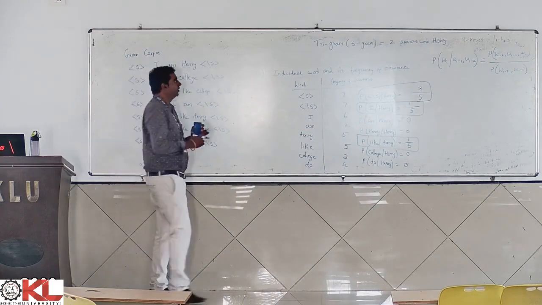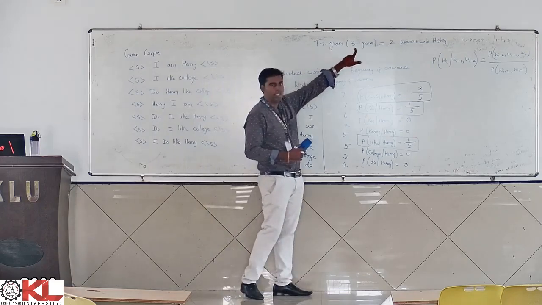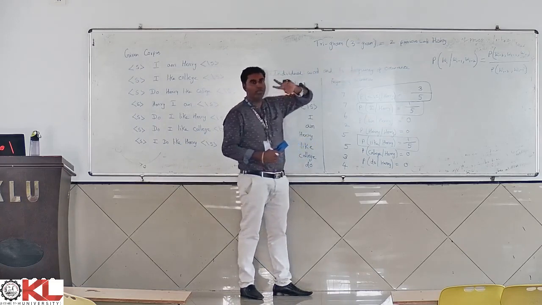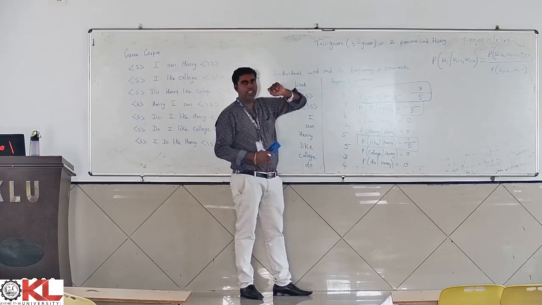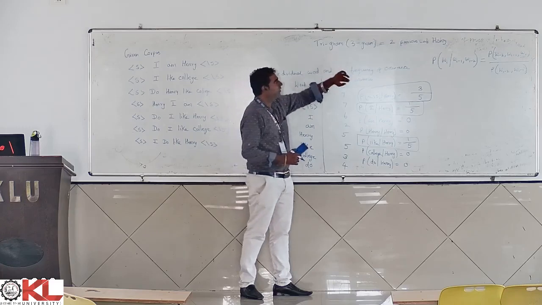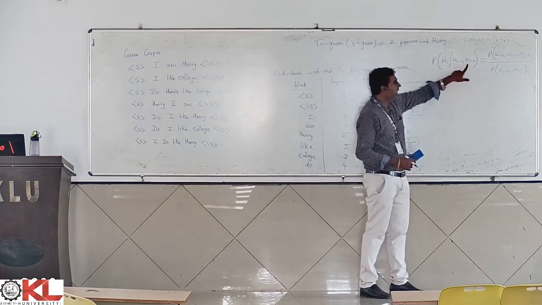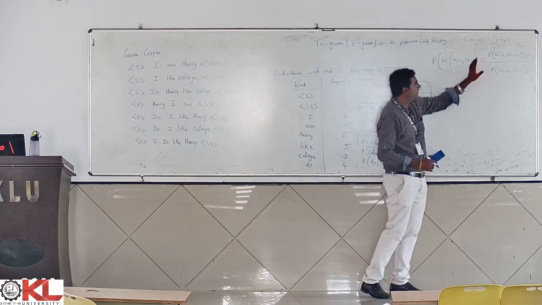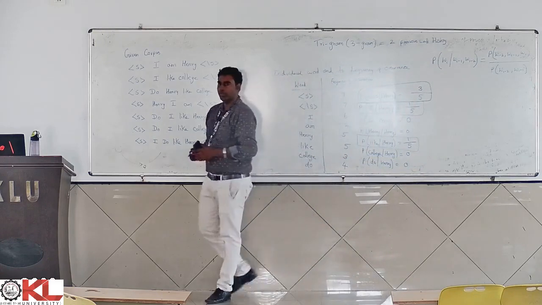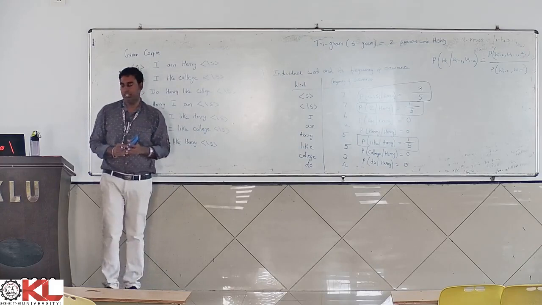Once again, in the given sentence it will use two previous words to predict the next word. The two previous words are given by W of I minus 1 and W of I minus 2. Now we will see one problem so that you understand the concept of the trigram model better.